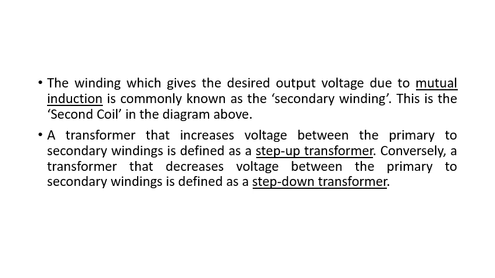Conversely, a transformer that decreases voltage from primary to secondary is called step-down. How the voltage is more in the first or more in the second depends on the number of turns, length, and everything we have discussed in the last class.